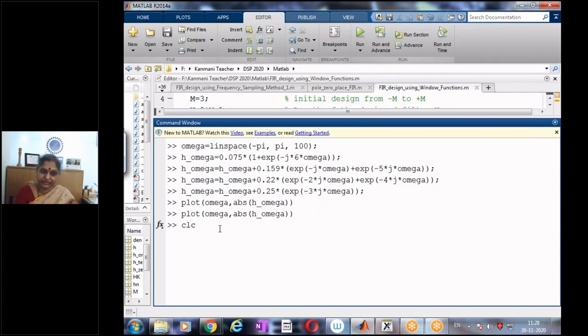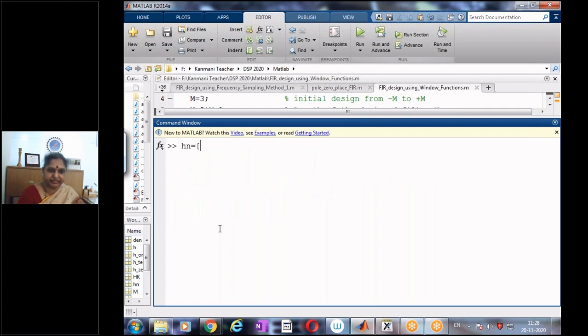Another way of computing the same response is to simply define my sequence h of n as 0.075, 0.159, 0.22, 0.25, 0.22, 0.159, and 0.075. Let me correct it here, 0.075.